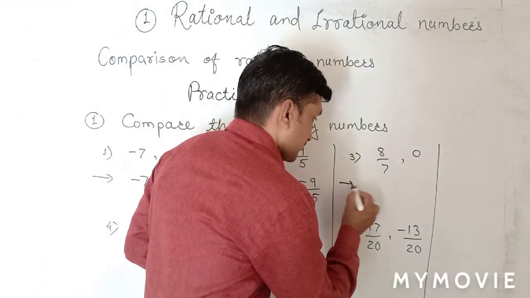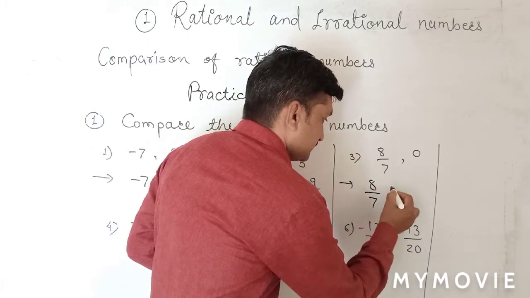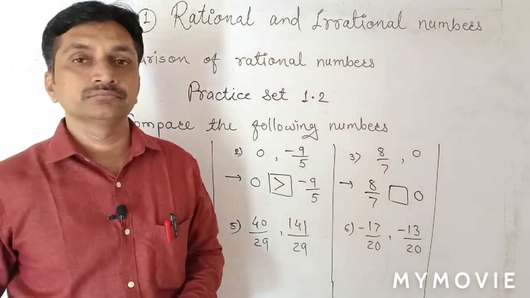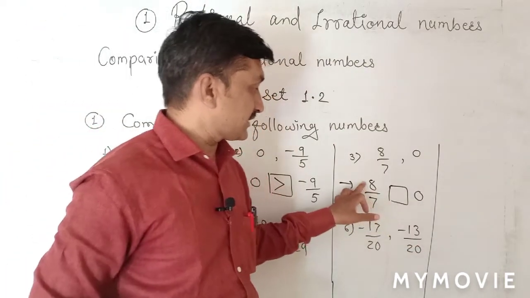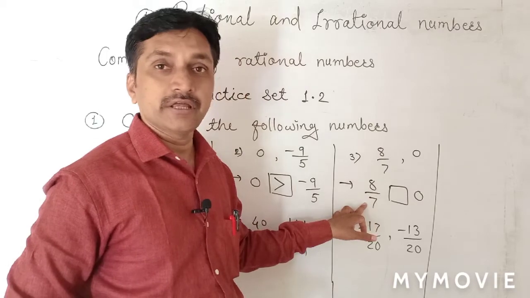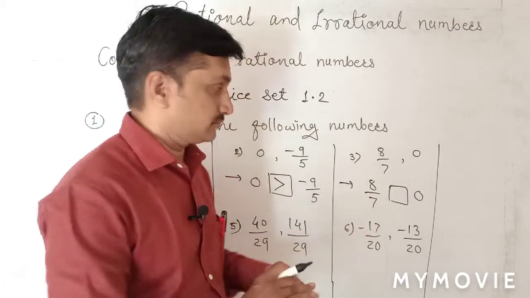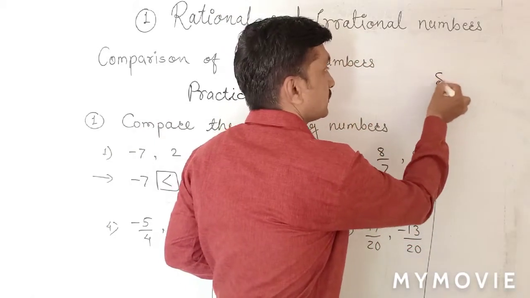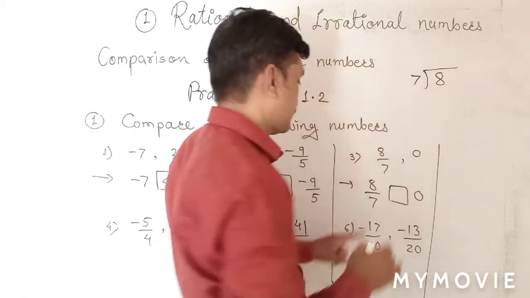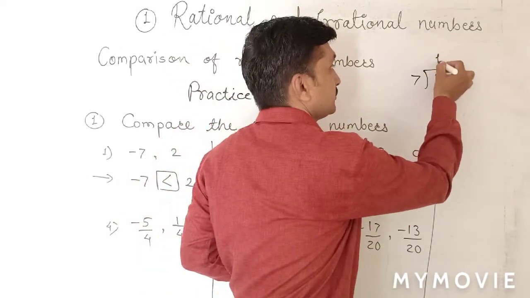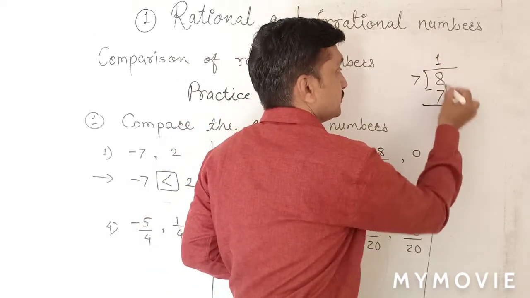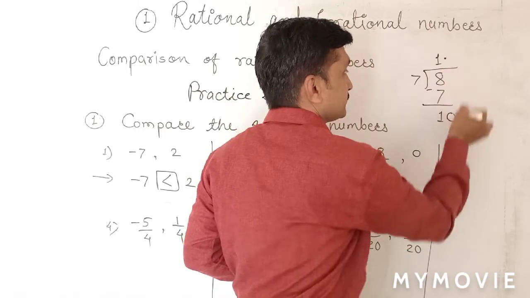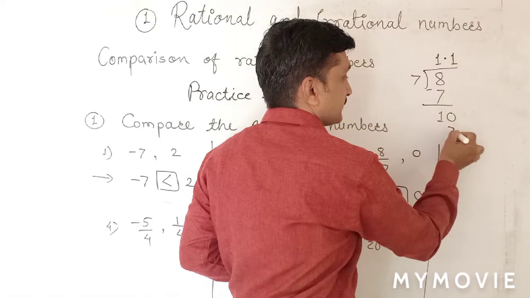Third pair, 8 upon 7, and we have to compare with 0. Now here 0, here is 8 upon 7. Now if you reduce here 8 divided by 7, because it is a fraction, if you divide 8 by 7, 7 ones are 7, 1 is remainder, 0 I take, point, and then 7 ones are again 7.